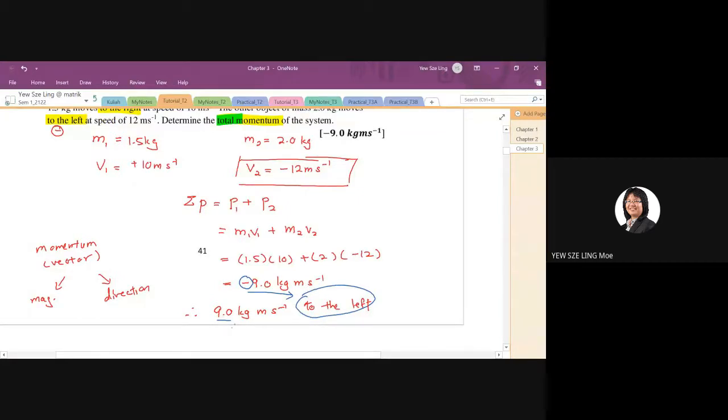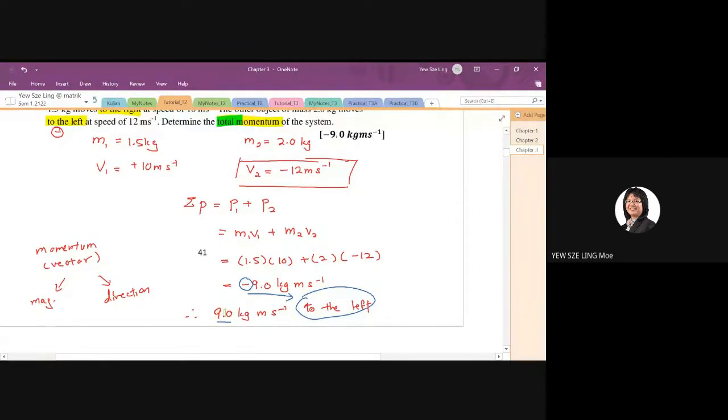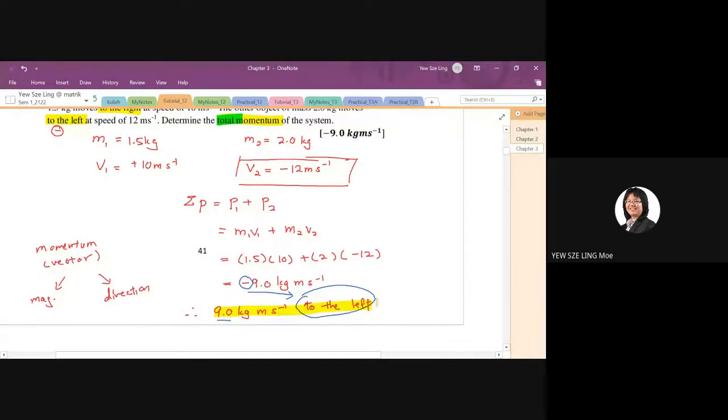Why? Because sometimes questions will just ask for the magnitude of the momentum. If you leave your answer in a negative form, then you're going to get 0 marks, because magnitude is a value without a negative sign. So I would rather you spend another 2 or 3 seconds to rewrite your answer in sentence form rather than leave it as a negative value.